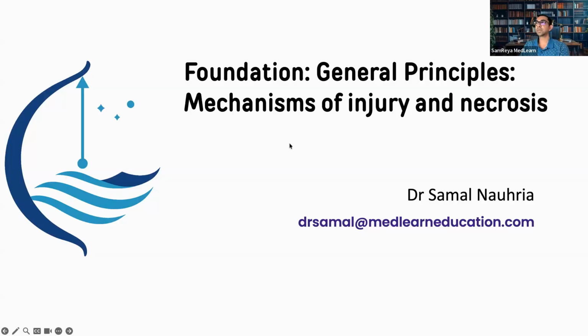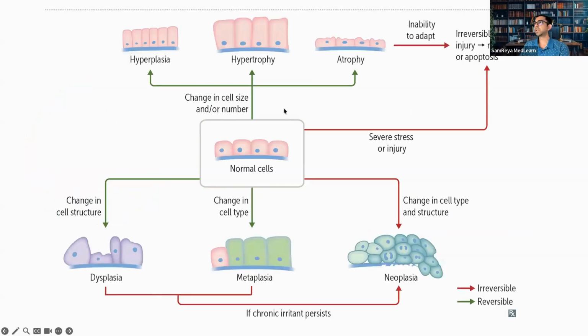So let's get to our topic on cell injury. I did share this image with you in the previous lecture on what happens to normal cells when they encounter some external stimulus. Today, what we want to talk about is what happens when cells are severely injured.